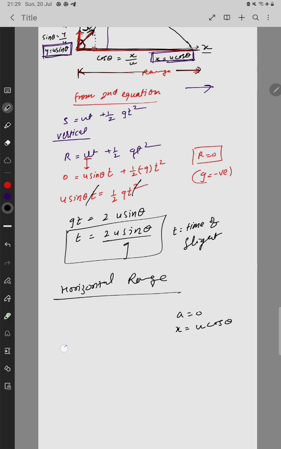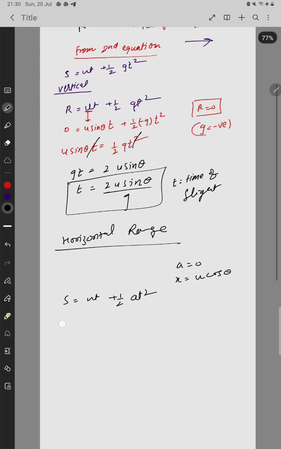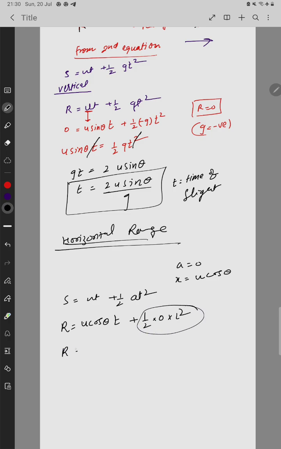Now from the second equation, s is equal to ut plus half at square. S means displacement, which means range. At the place of u, because of horizontal, it is going to be u cos theta t plus half a, that is 0, into t square. If you multiply any number with 0, the whole value is going to be 0. So u cos theta t is there.